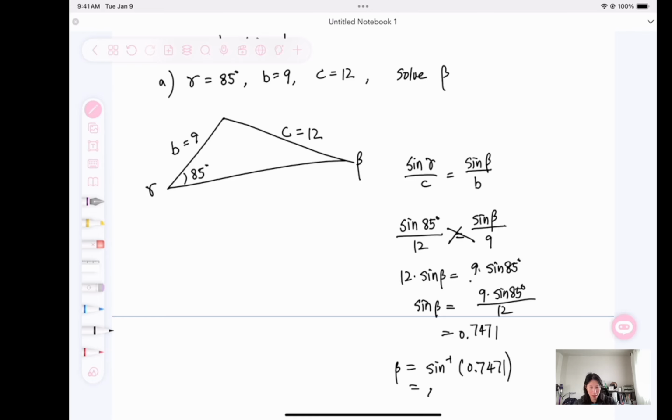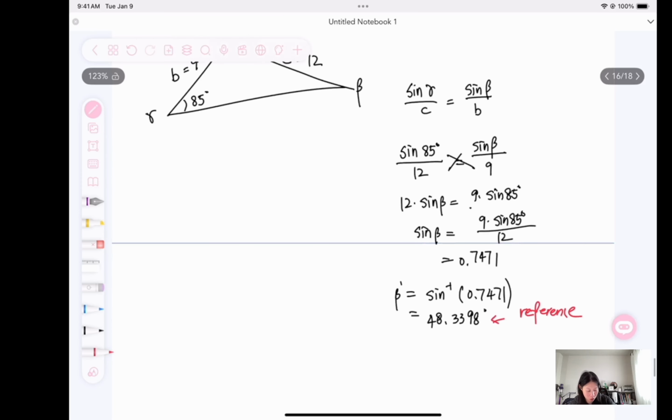So we solve for beta, which is 14.83398 degrees. Actually, in fact, this beta is not the actual beta, it's the reference angle of beta. Remember that. I'm going to highlight it. This gives us the reference angle of beta.